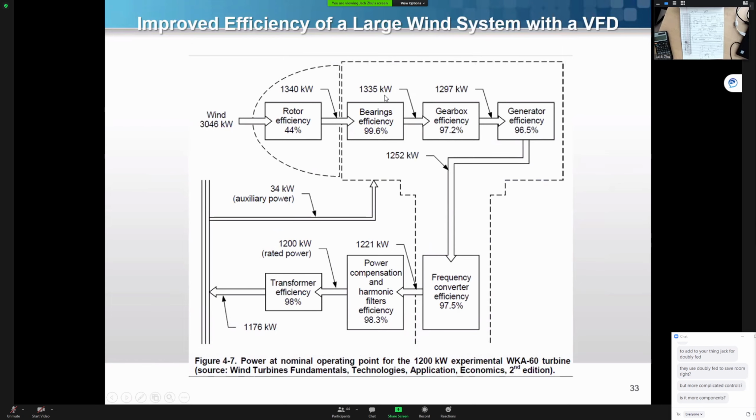A wind turbine is not going to have a very high efficiency. Like they said here, the wind has a total power of about, just an example, 3,046 kilowatts. The rotor efficiency, we watched the video yesterday, told us that we can only catch so much wind.